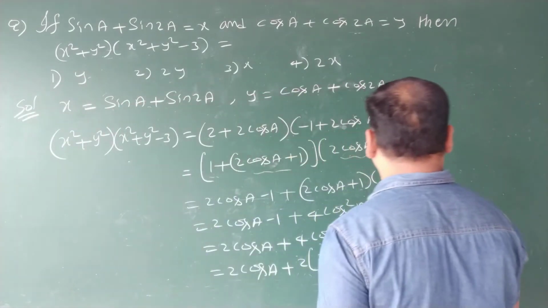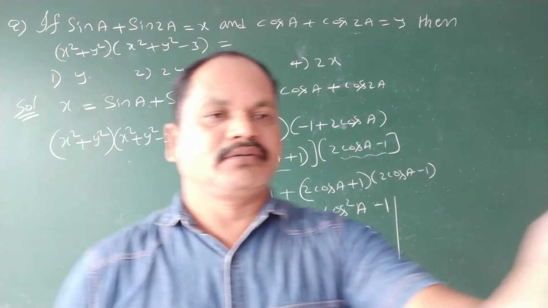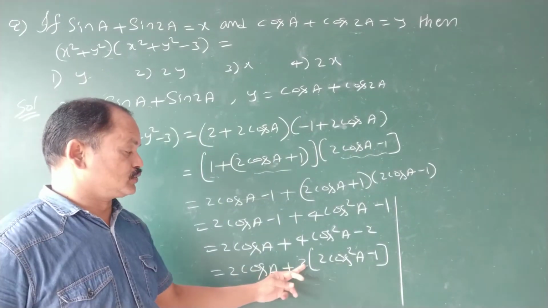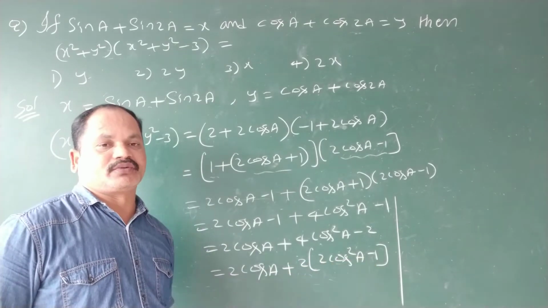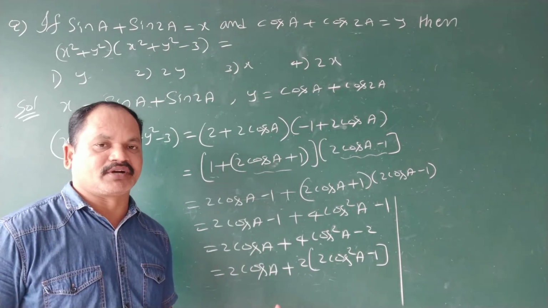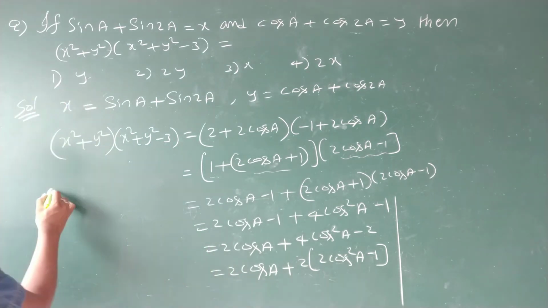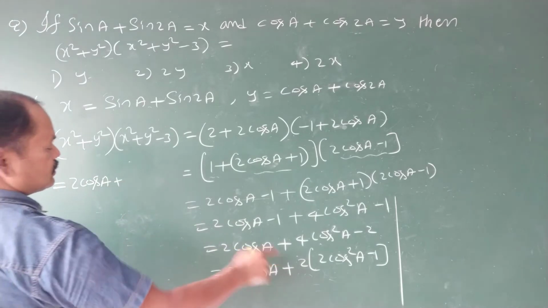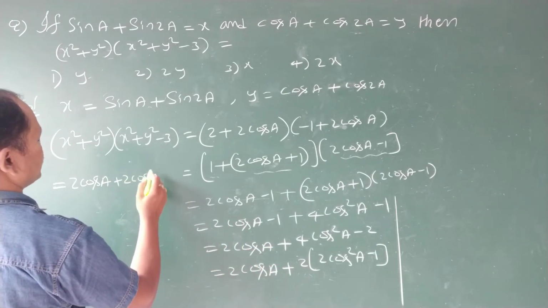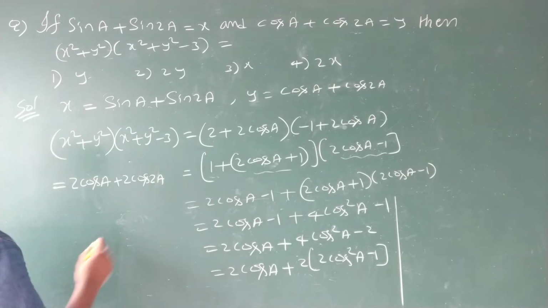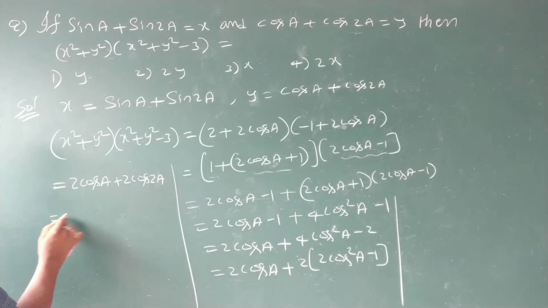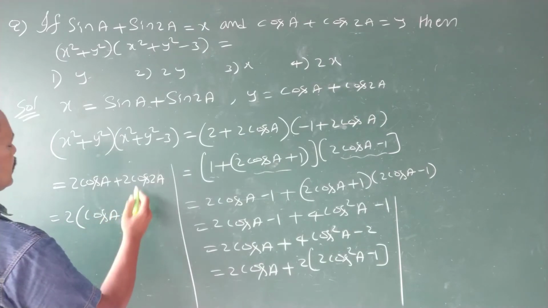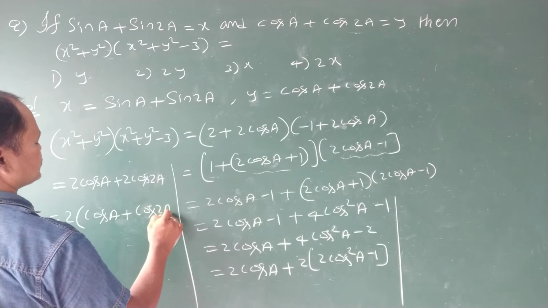That's why here we write 2 cos a plus 2 times cos 2a. That's all. Now from this take common 2, then it is 2 into cos a plus cos 2a.